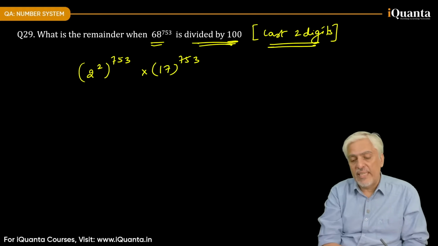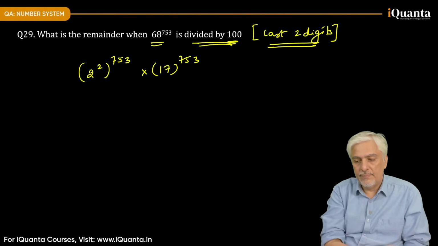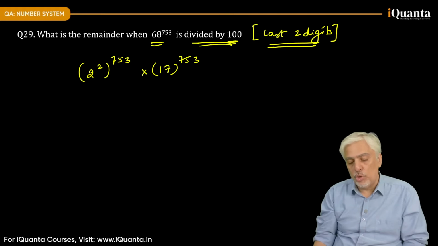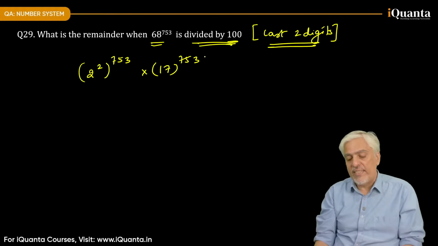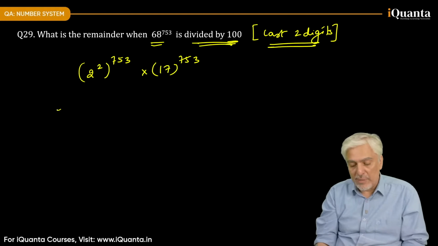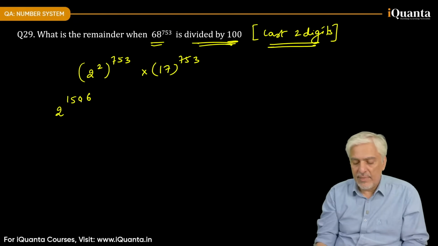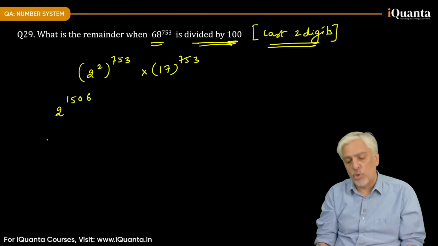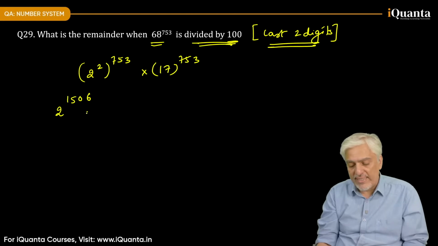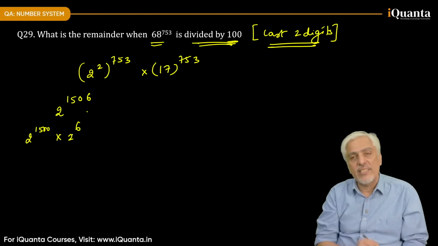Everybody clear with the first step? 68 has 2 2s, so 2 square raised to 753 into 17 raised to 753. So this will become 2 raised to 1506 if I'm not mistaken. इसको पहले फिनिश करते हैं। Same what we are doing from so long. 1506 will become 1500 multiplied by 2 raised to 6.